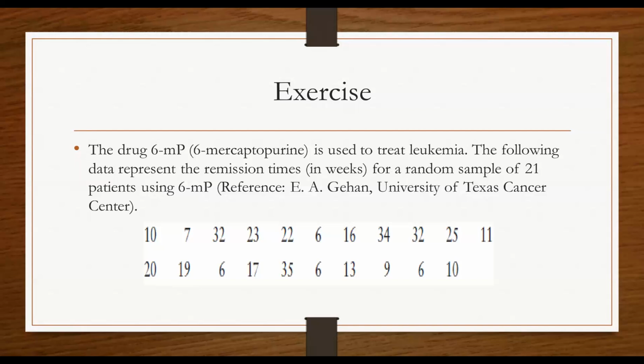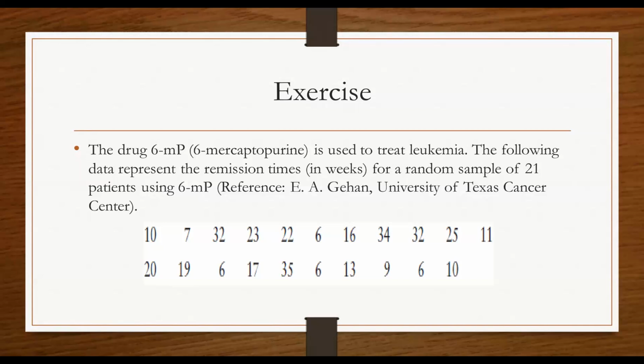And so now you have this good example. The drug 6-MP is used to treat leukemia. The following data represents the remission times for a random sample of 21 patients using the 6-MP.